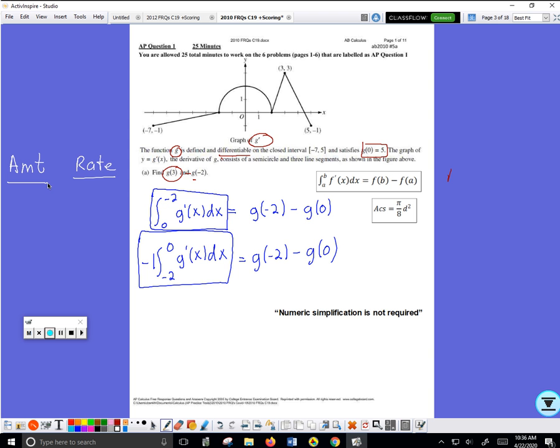So in this case, g is a rate. They're asking me to find g of 3, but they didn't really give me any information about g other than g of 0 is 5. What they did give me is a whole bunch of information about g prime, because they gave me the entire graph of g prime.